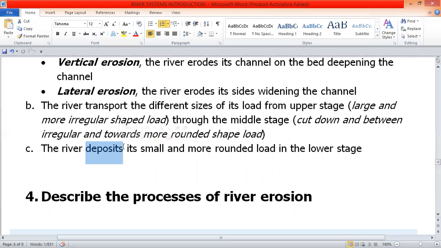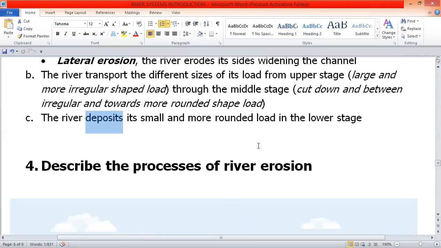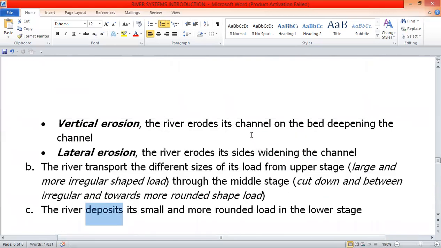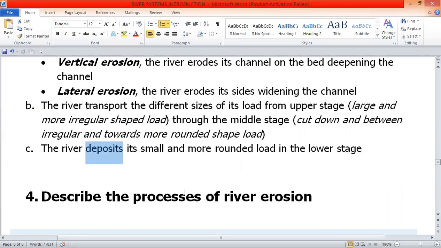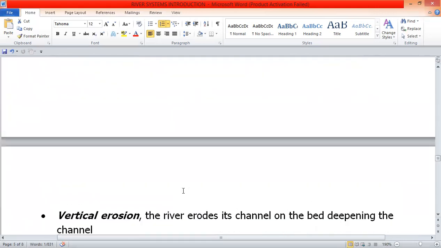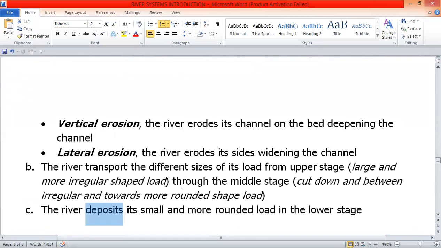The river lacks the energy now. It begins to deposit the many small and more rounded load. That is what happens in the lower stage. Deposition takes place. Okay, ladies and gentlemen, I hope you are still following.